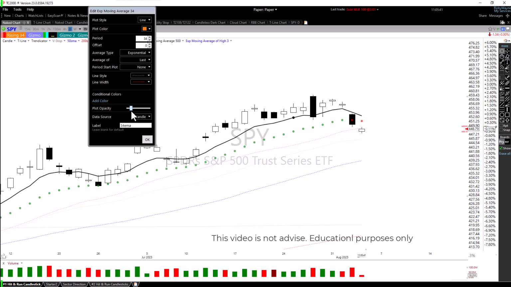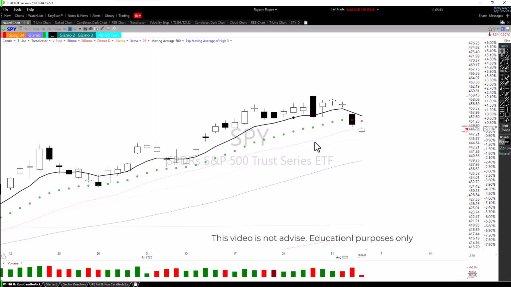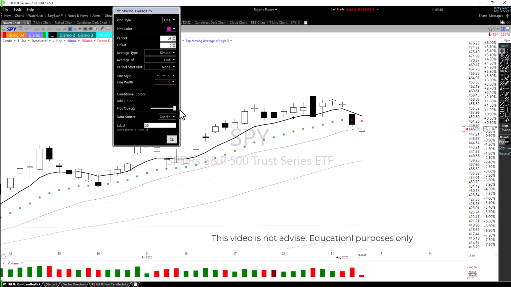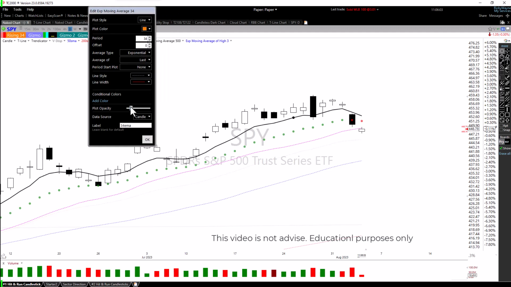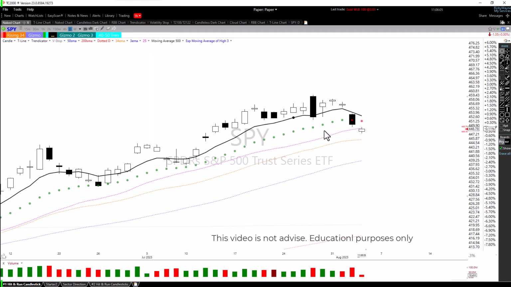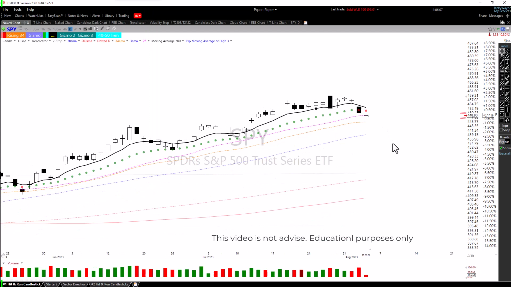This line right here is the 25 simple. I keep it pretty much dimmed down. Maybe I should make these two brighter. What I'm doing with these is really more scanner work and trending work than anything. But we can talk about it in terms of trend.